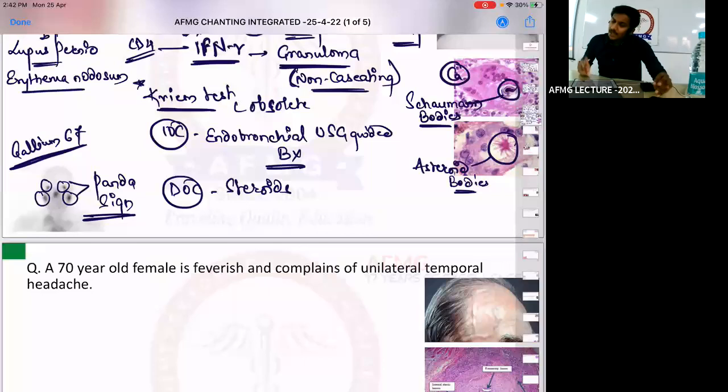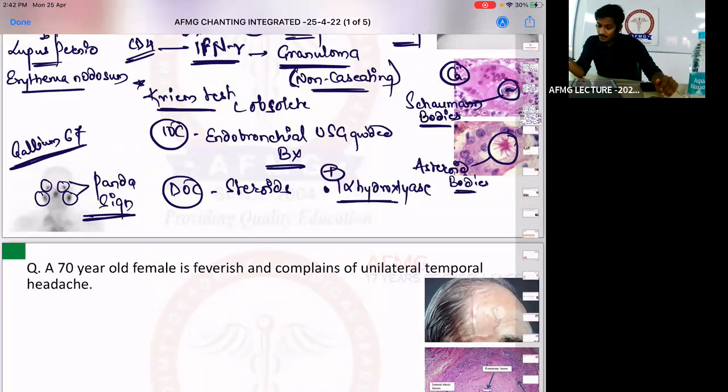Now please remember, in sarcoidosis, these non-caseating granulomas which are formed are known to activate one enzyme, and that is known as 1-alpha hydroxylase. They activate which enzyme? 1-alpha hydroxylase, the rate-limiting enzyme for vitamin D synthesis.